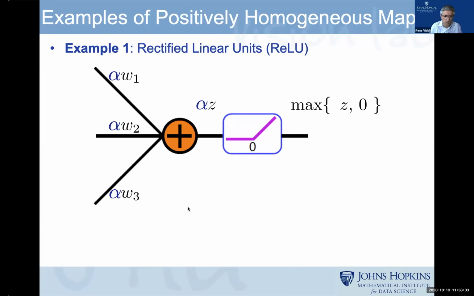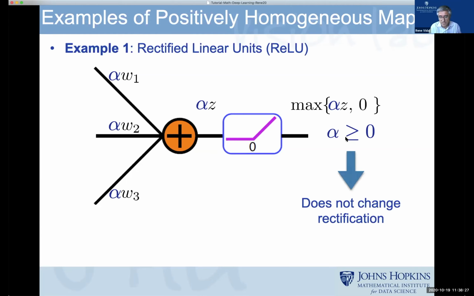So the only thing we have to worry about regarding this scaling is what happens with the rectified linear unit. Now the input to the ReLU, rather than being z, is going to be alpha times z. And what the ReLU needs to do is to take the maximum between that and 0. Now, because the scaling is non-negative, and that's why it's called positive homogeneity, that's not going to change whether the first argument or the second argument gives the maximum.